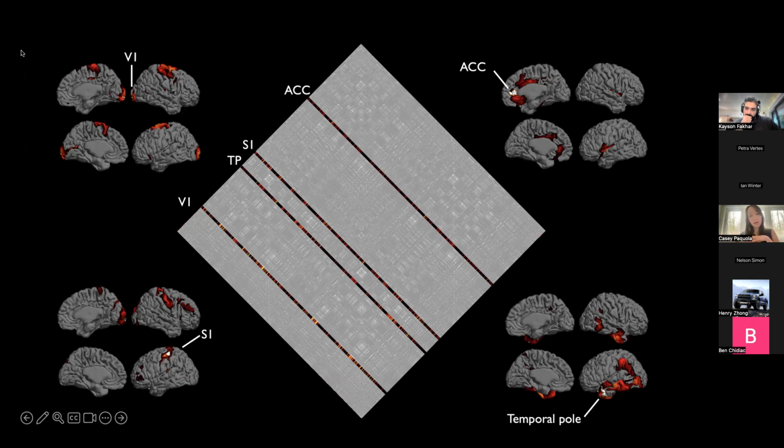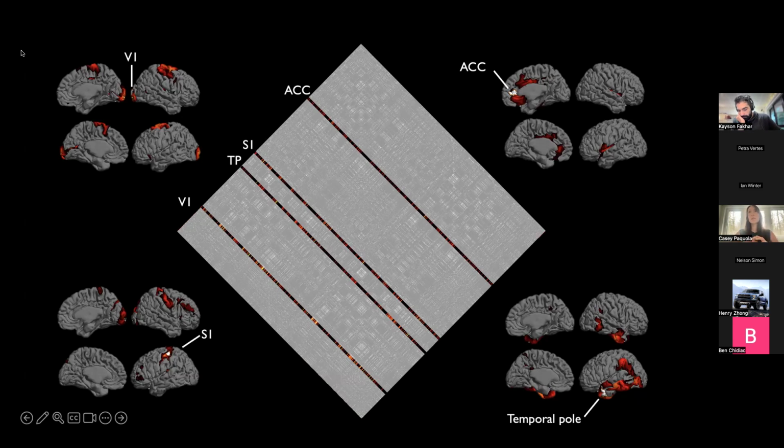Whereas on the bottom right, you see the temporal pole is more similar to general areas across the lateral temporal lobe as well, up into the temporoparietal junction. So depending on where you look, there are different patterns of cytoarchitectural similarity across the cortex.